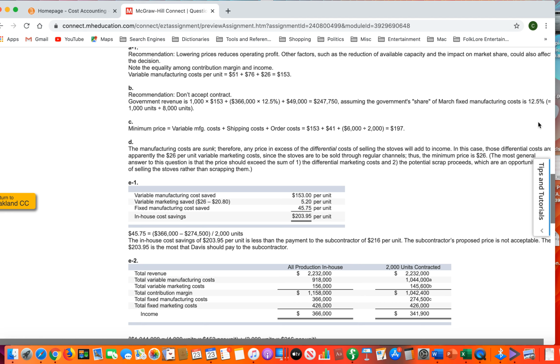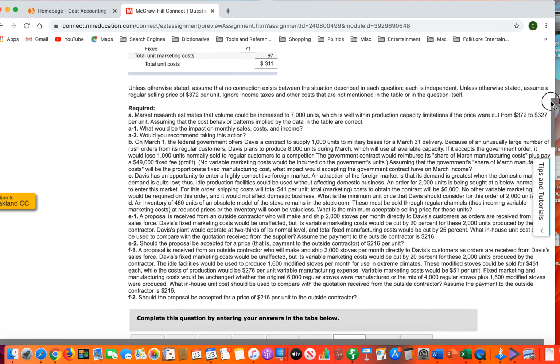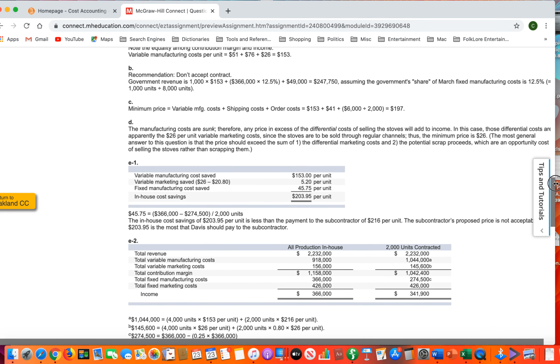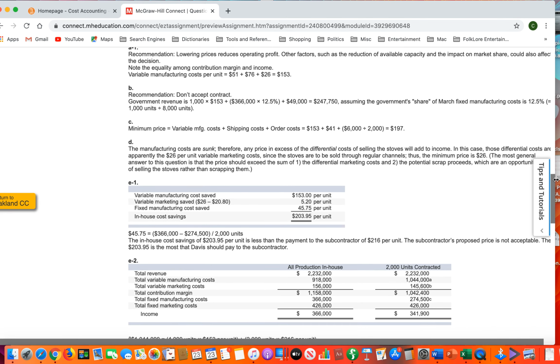But where did they get the 45.75 from? Well, it said that the fixed overhead is $61. Okay, fixed manufacturing is $61. See up here? All right. If you take 61 times 0.25, that's the savings. That gives you $15.25.